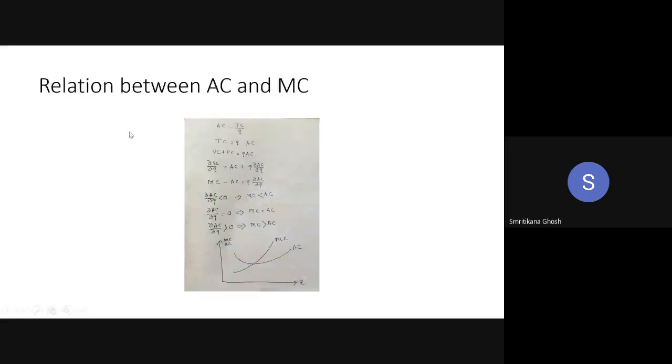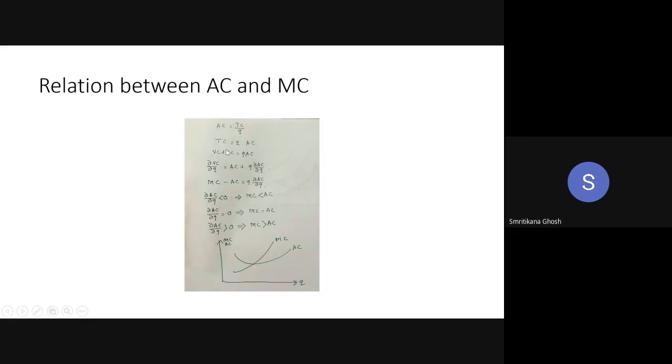Now what is the relation? Why are we trying to find out the relation? Because we want to draw all the curves in the same diagram. So to do that, we have to know the relationship between the curves. This is the first one, relation between AC and MC, average cost and marginal cost. Again, your average cost is total cost by Q, so your total cost is Q into AC.